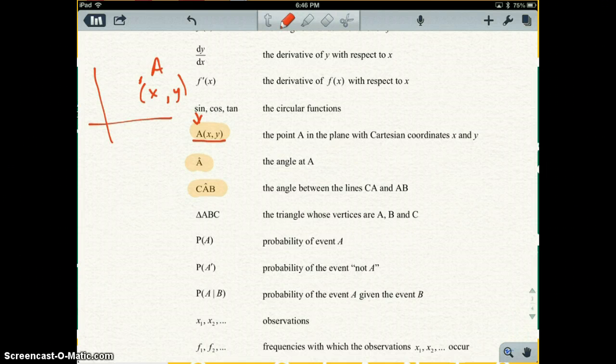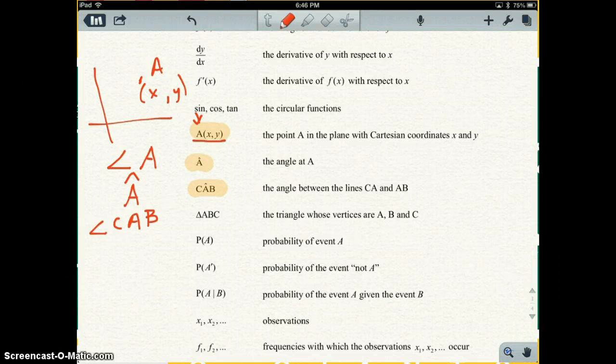If you have an angle, you're probably used to seeing angles written with this symbol A. In IB, they write it like this: A with a caret on top. Okay, that's angle A. Okay, angle CAB.